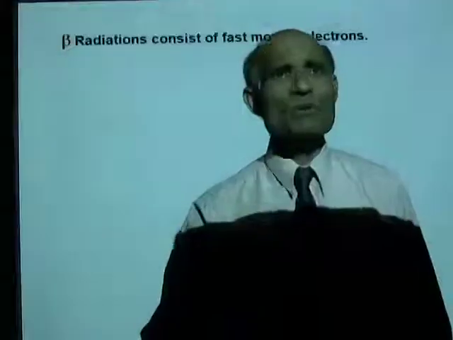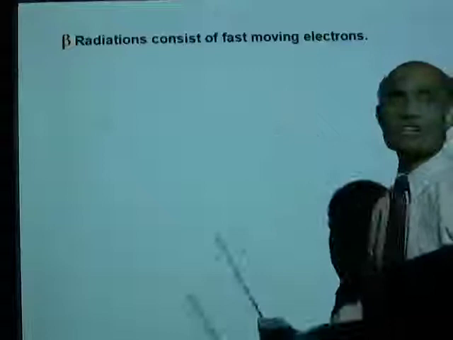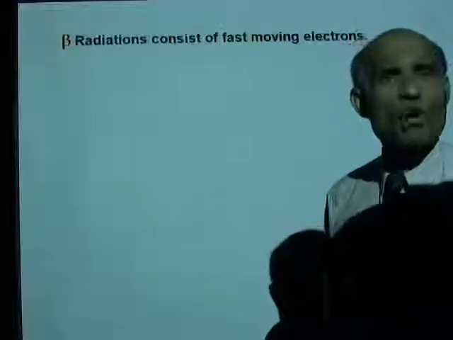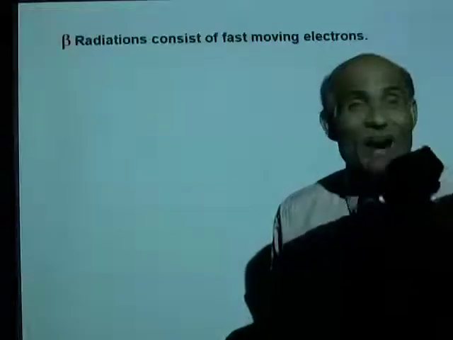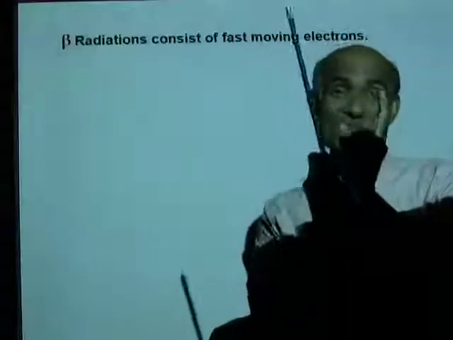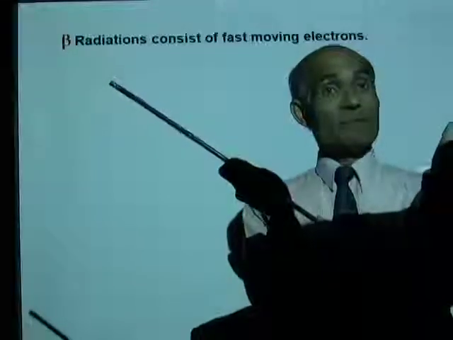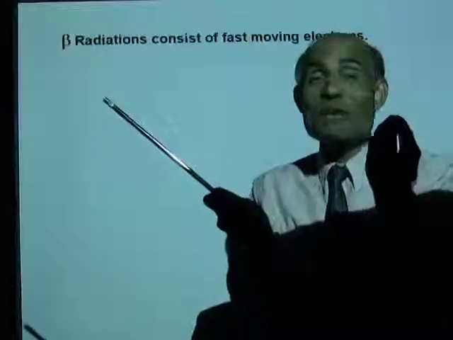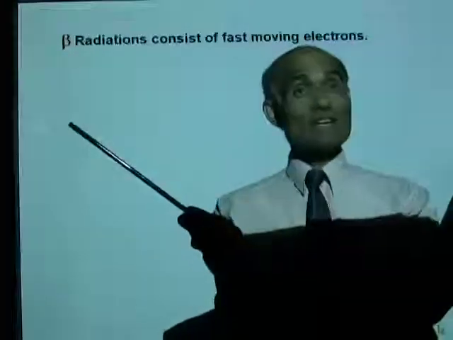How about beta radiations? Now, I want you to look at this and tell me, is there anything wrong there? Beta radiations are very light particles, we said, and it was deflected in the opposite direction. Well, if alpha radiations carried a positive charge, the beta radiation should be carrying a negative charge.